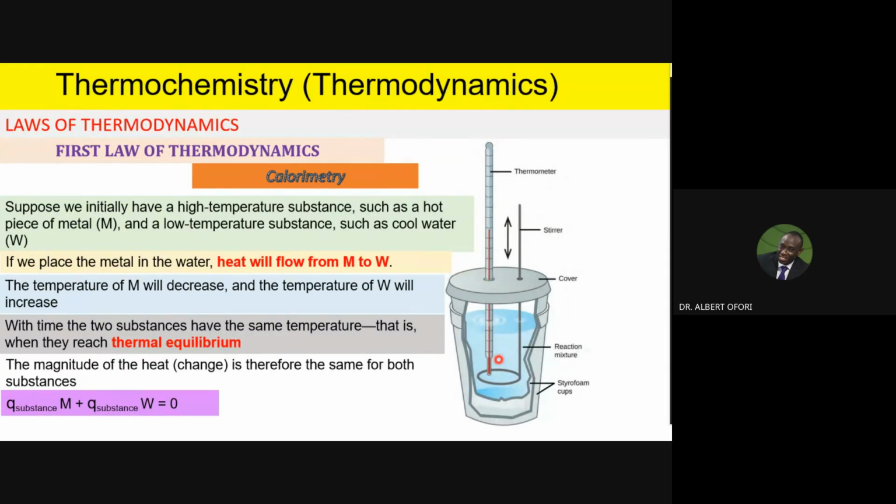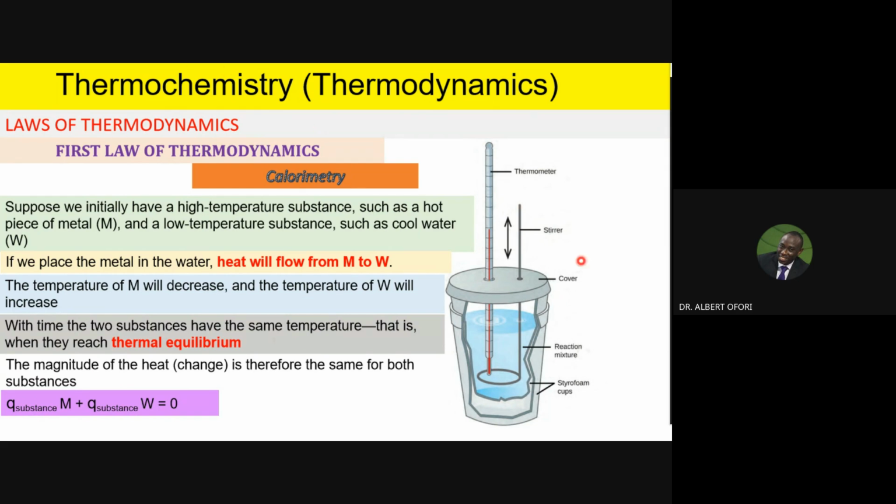Now this is an isolated system, where energy is not moving in and out, and mass is also not moving in and out. For this isolated system, if the metal is losing, that losing means it's becoming negative, and the water is becoming positive.